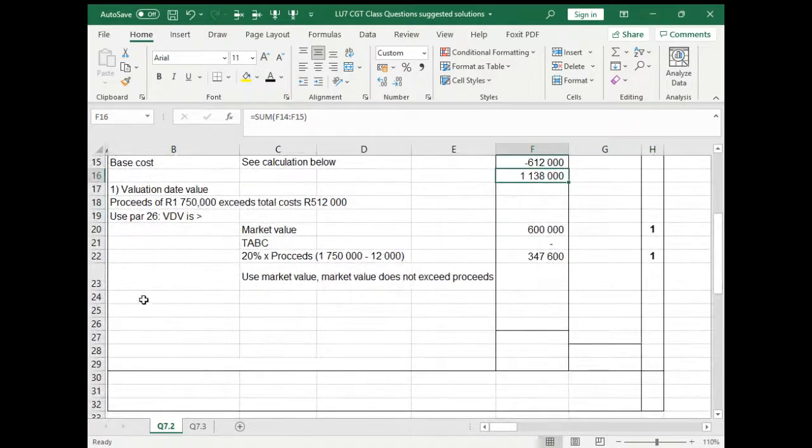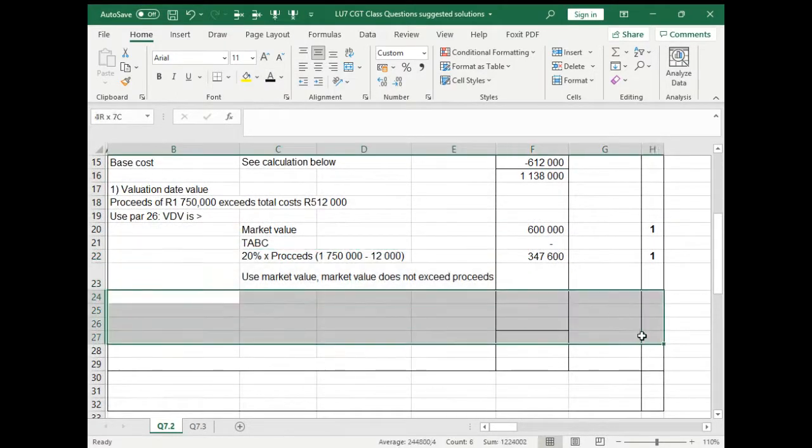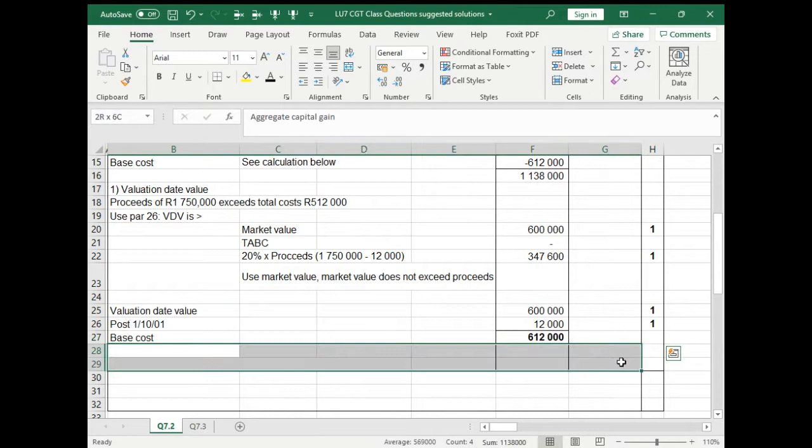Let me just unhide here on the screen. Okay, there were no capital losses. I'm just going to abbreviate here, capital losses. So there was no capital loss.